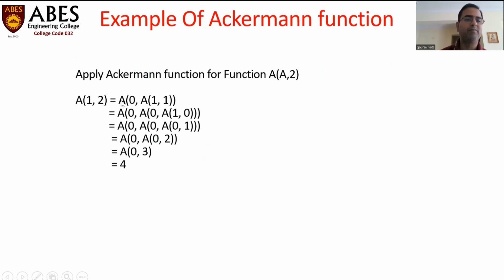Now again, this is our resultant, and now we have to compute this function. This is A(1, 1). Now again, the value of m is 1, greater than 0, and the value of n is 1, greater than 0. So again it will follow the third condition: m minus 1, that is 1 minus 1, that is 0, comma A(m, n minus 1).